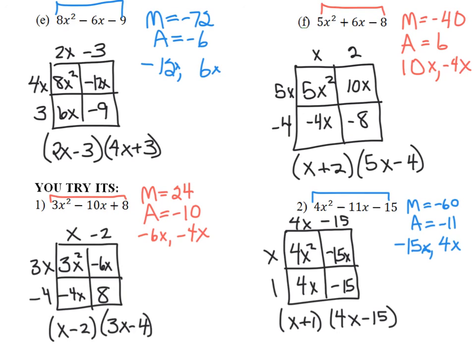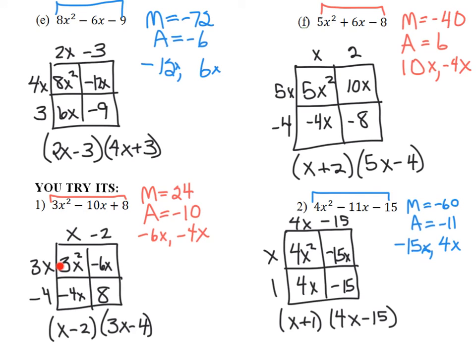When you make your box, I put the 3x squared in the first box, and then put those 2 middle numbers, negative 6x and negative 4x, and then finish it up with the 8. I'm looking for the GCF in this first row. Well, that's going to be a 3x. In the second row, because it starts with a negative number, I'm factoring out a negative 4 to be specific.